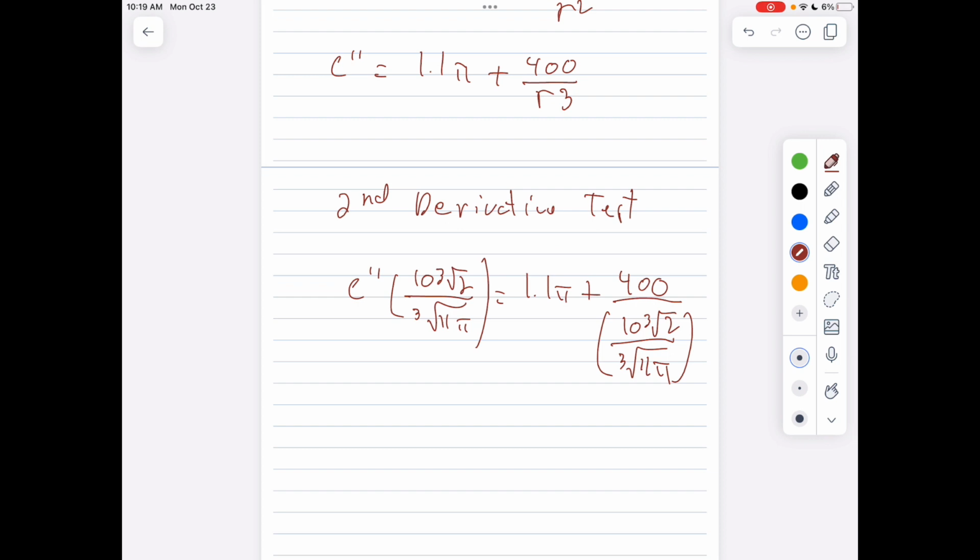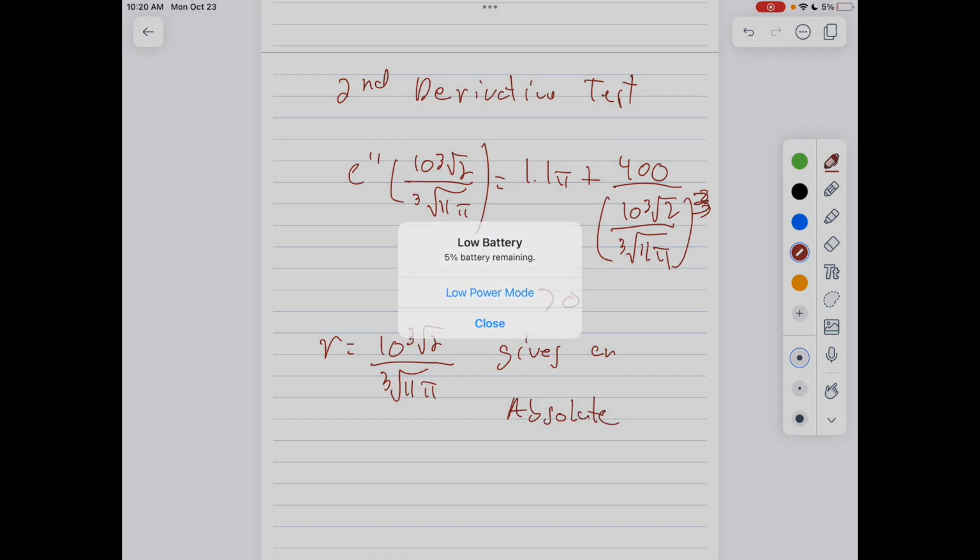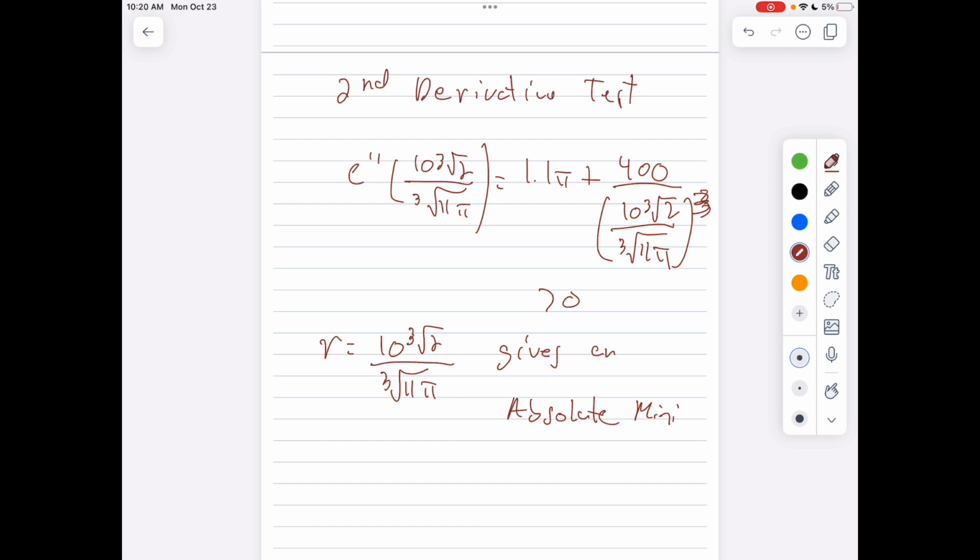So in this case, our second derivative is positive. I don't care about the actual number, I care about the sign. Excuse me, that was a cube. And this whole thing is positive, so because the second derivative is positive, by the results of the second derivative test, it says that r equals 10 cube root of 2 over cube root of 11 pi gives an absolute minimum, okay, for our case, because there's only one minimum value.